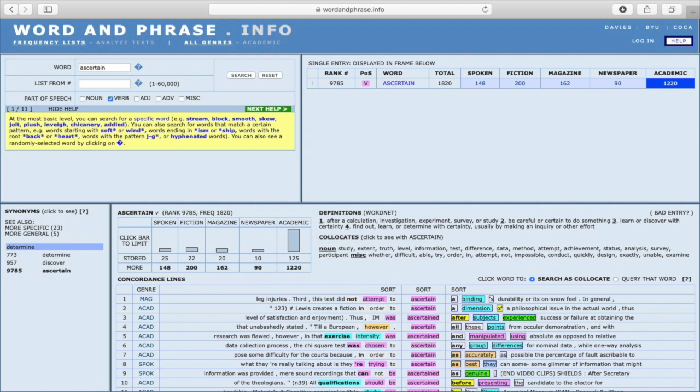So determine has a frequency of 773rd most used word in the English language, and discover is the 957th most used word in the English language. So they're just much more common words and people are much more likely to understand it. So your English is clearer, it's clearer to the reader.